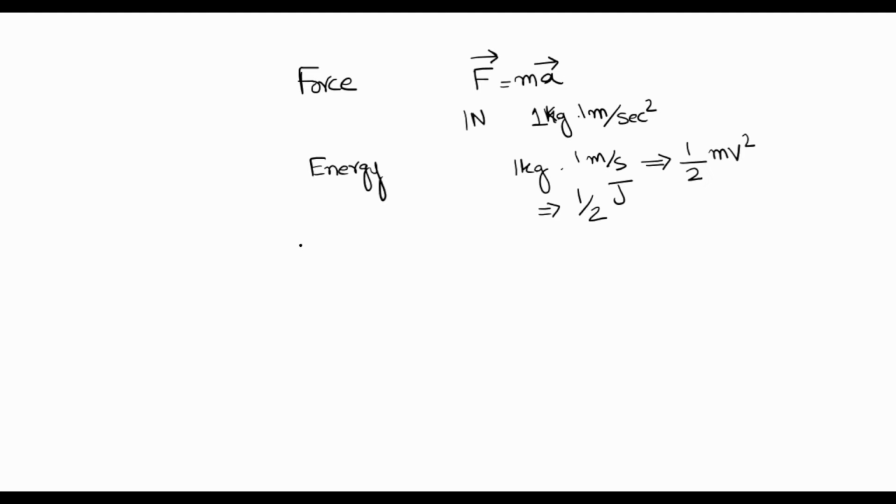The next quantity we will consider is power. Power is defined as the rate of doing work. So energy is denoted with W, force with F, and power is the rate of doing work, so power is dW by dt. The unit of force is Newton.